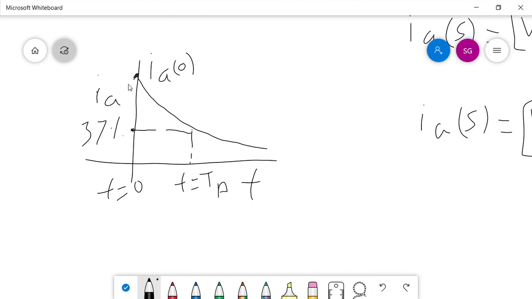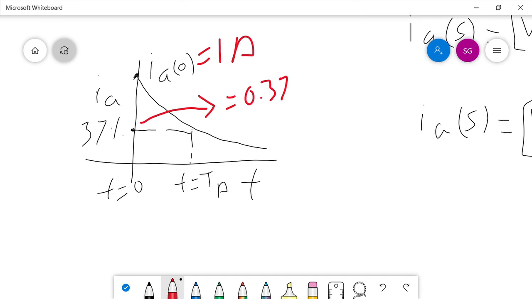So if we take Ia0 to be 1 ampere, then the value at this point will be just 0.37 ampere. Okay, so this is representing a time constant. Time constant is when the value of a variable decays to 37% of the initial value, that is called the time constant of that variable.